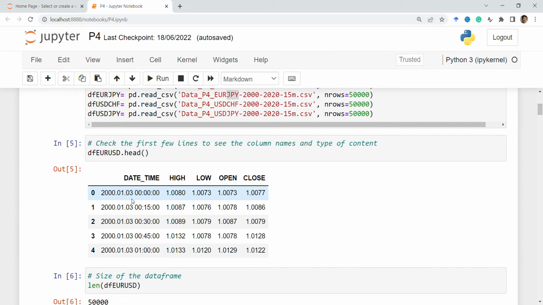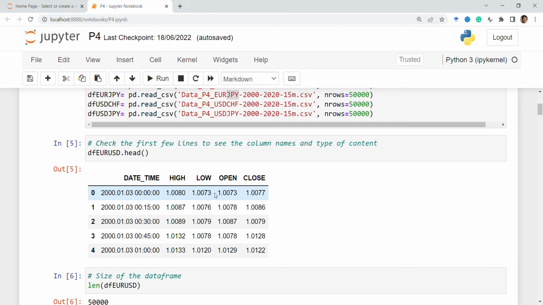For each one of these we have them in blocks of 15 minutes, and within these blocks we have the highest exchange rate, the lowest, the open and close. So for instance, here in the euro dollar, this is euro divided by dollar, it was 1.008, the highest value, the lowest 1.0073, and then this was the open of the period, this was the close.